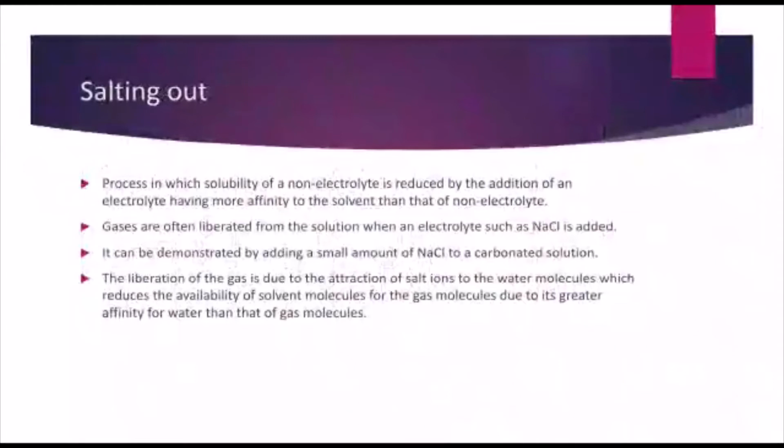But whenever we are dissolving sodium chloride, which is also a polar solute, it has a higher affinity to the polar solvent. So the gas gets removed out in the form of a precipitate. As sodium chloride has a higher affinity for water, gas molecules simply precipitate out.